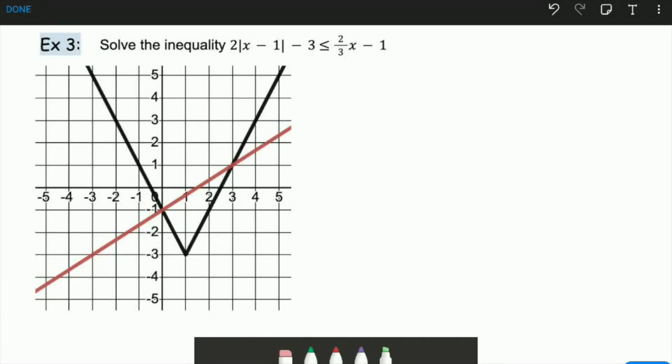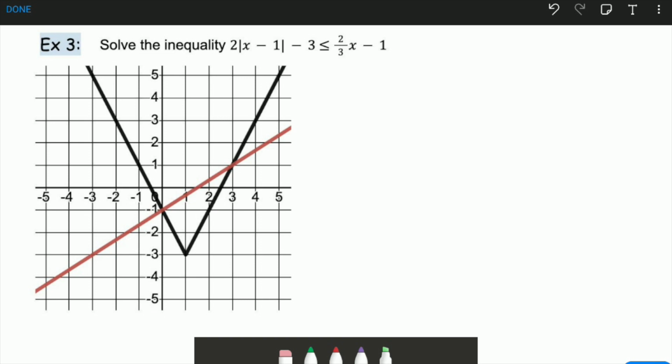So in this one, we're trying to solve the inequality 2 times the absolute value of x minus 1, the minus 3 on the outside, is less than or equal to 2/3 times x minus 1. So to do this, we first need to figure out which of the graphs is which.